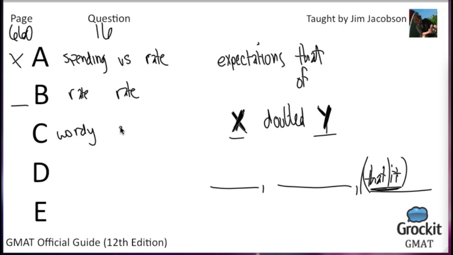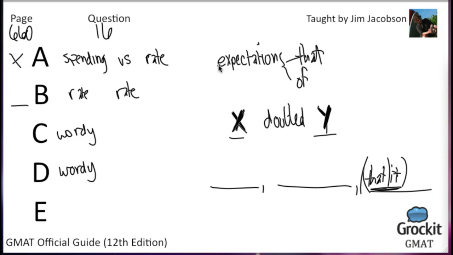Choice D: of personal spending in the July to September quarter, more than doubling that of. So there's another repeated that, and potentially an incorrect comparison. You can have expectations of something and expectations that something happens. You just need to make sure that everything else is grammatically correct.